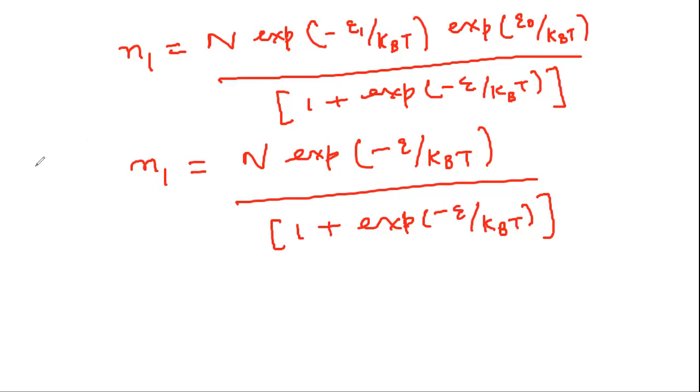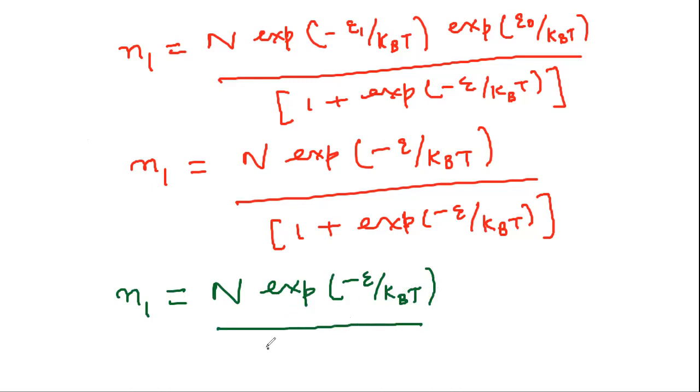So I can write N1 is equal to N times exponential of minus epsilon by kT over Z thermal, ZTH. Let me encircle and name it.